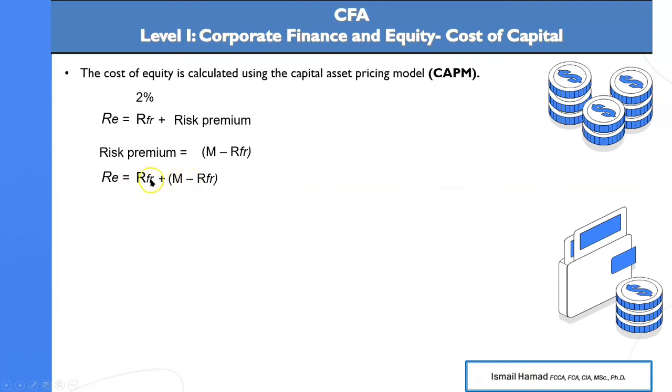So risk-free rate of return minus risk-free rate of return is 0. So that means the cost of equity is always the market return, that is 10%. Given this equation, the answer is always required rate of return equals market return.